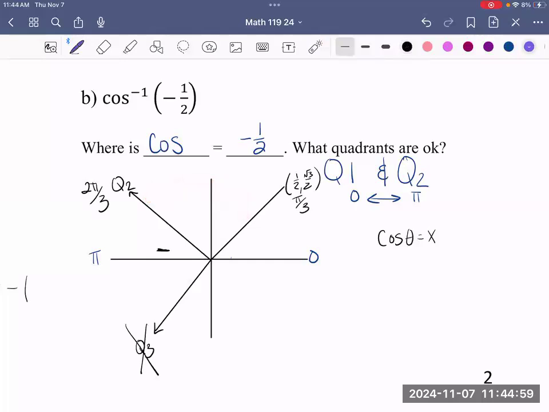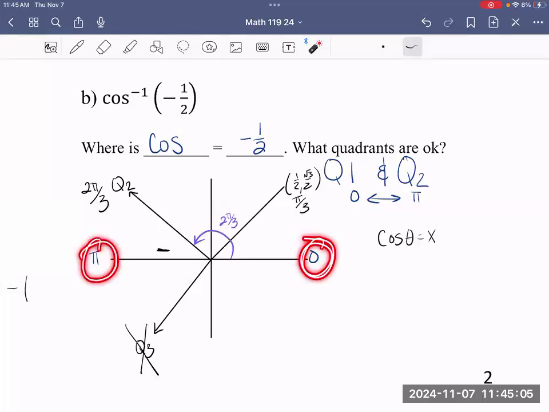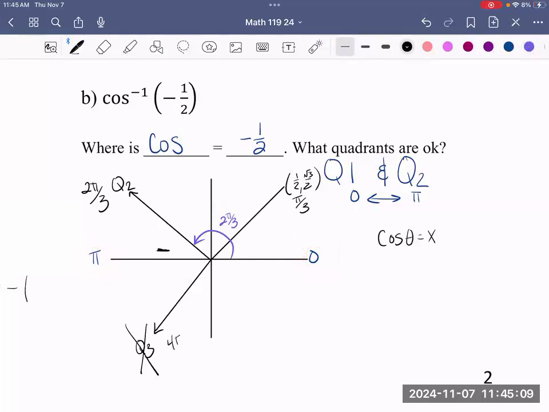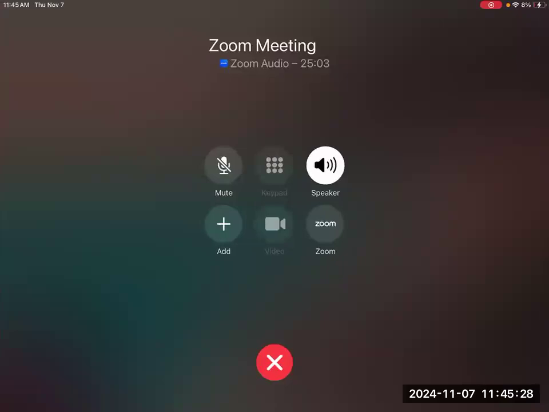This angle is between 0 and pi. It is not 4 pi over 3, which is not your correct answer, because you have gone over your restriction. We can only be between 0 and pi.